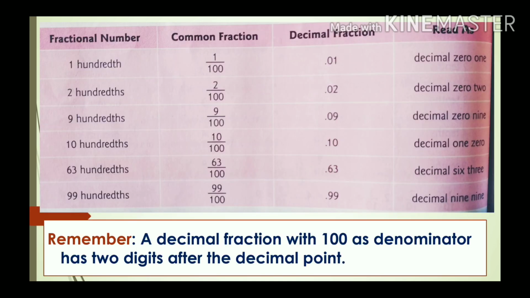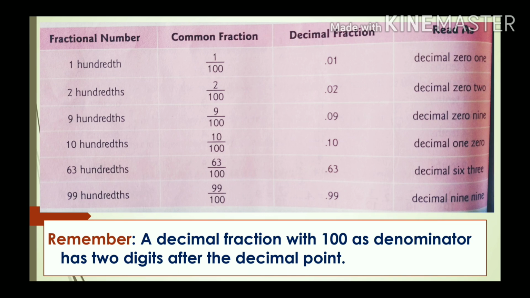And students, with the help of this table, you can learn some more decimal fractions with denominator 100. For example, 1/100th is written and read as 0.01 or decimal 01. 2/100th is written and read as 0.02. 9/100th is written and read as 0.09. 10 hundredths is written and read as 0.10. 63 hundredths is written and read as 0.63, and so on.